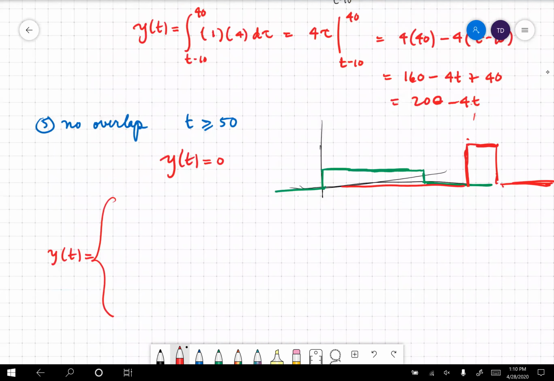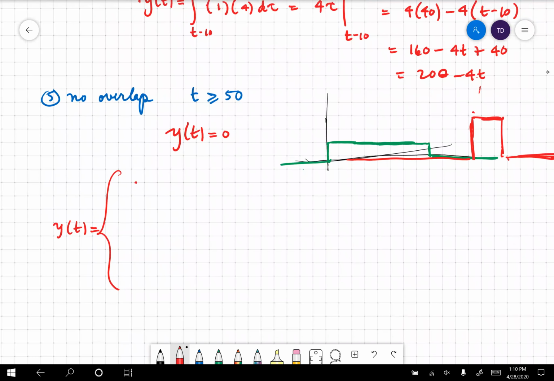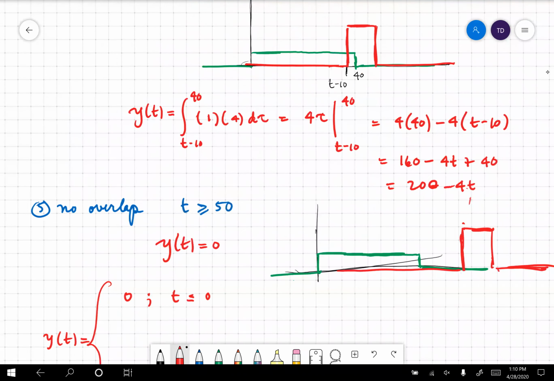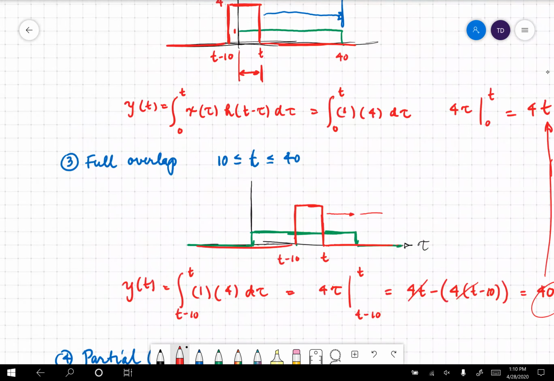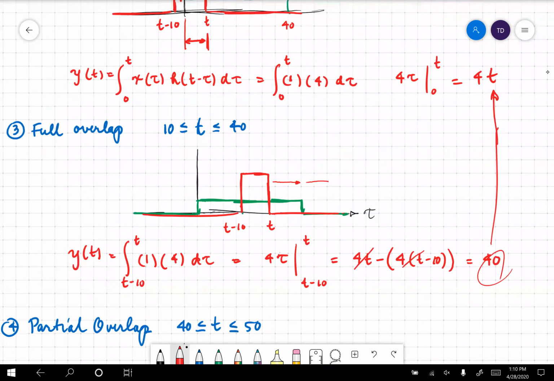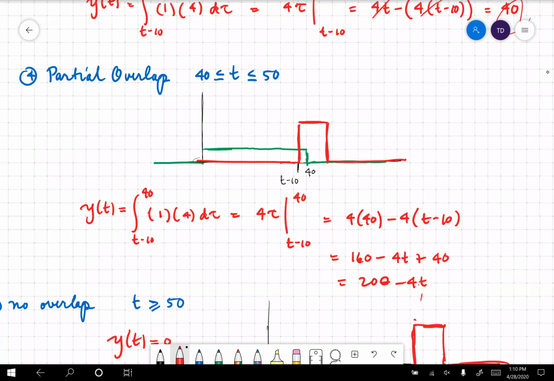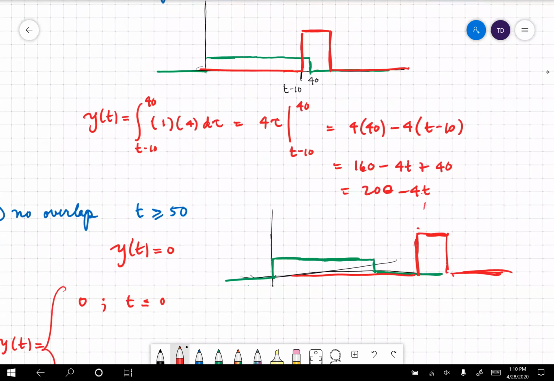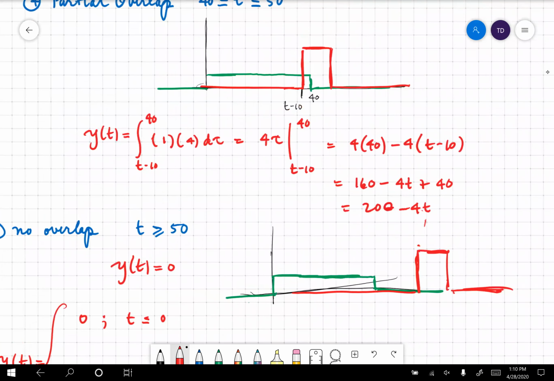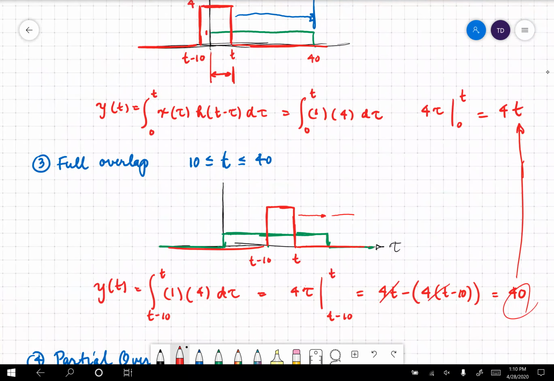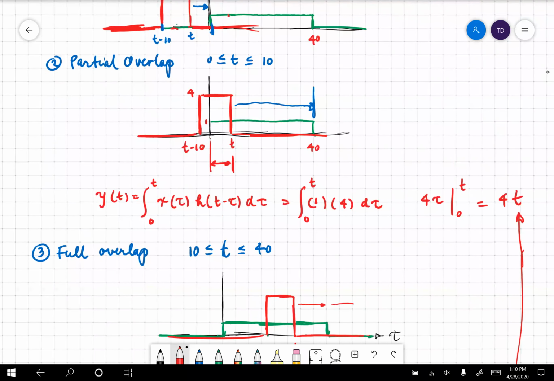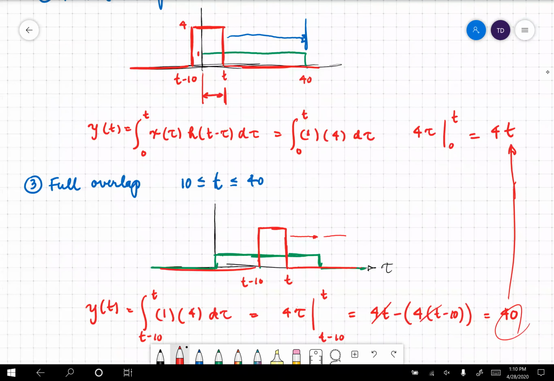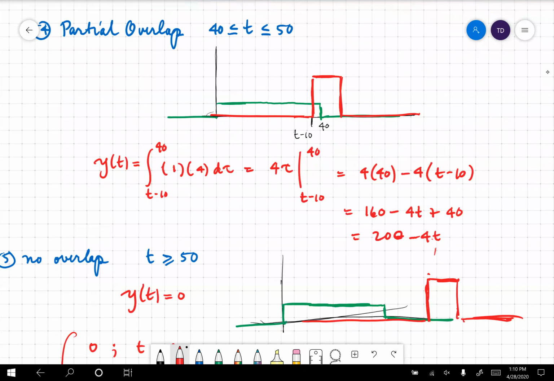So we know the first thing is it's 0 for t less than or equal to 0. We know that. And the second region was, scroll back, 4t from 0 to 10, that's better.